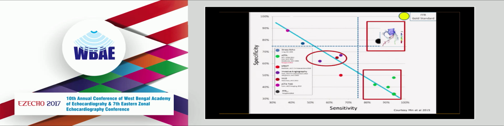So what testing should we do for diagnosis? It depends whether you want high sensitivity or high specificity. If your gold standard is invasive FFR, the test that comes closest to invasive FFR, both in terms of sensitivity and specificity, is CT-FFR.